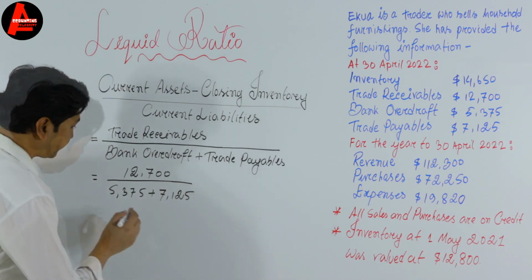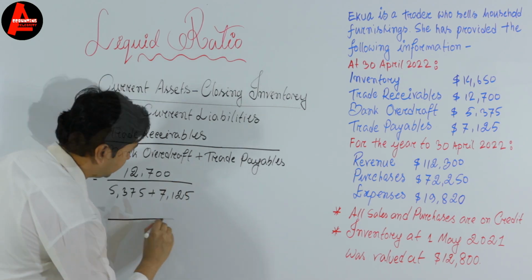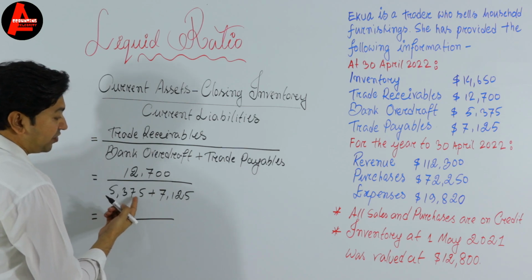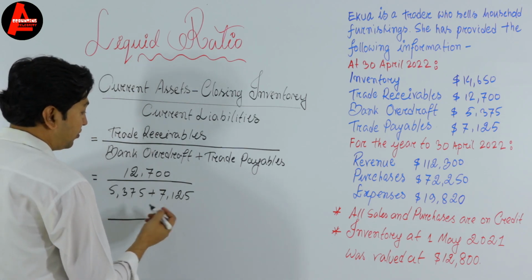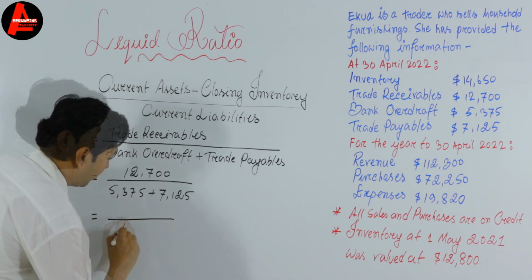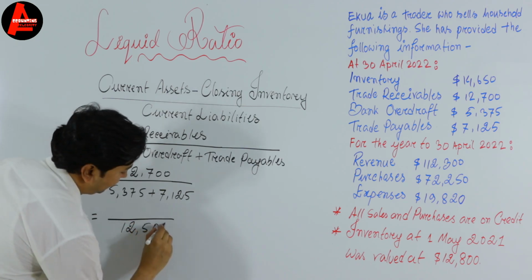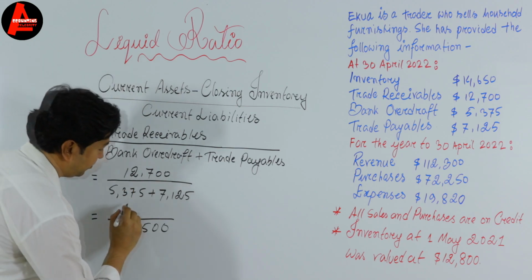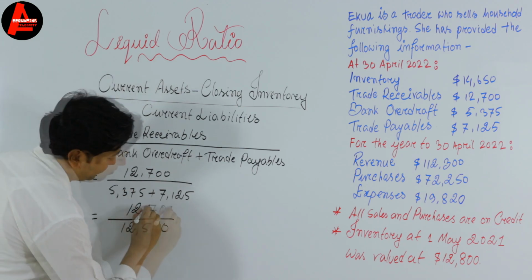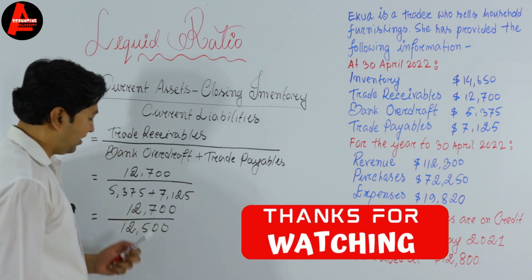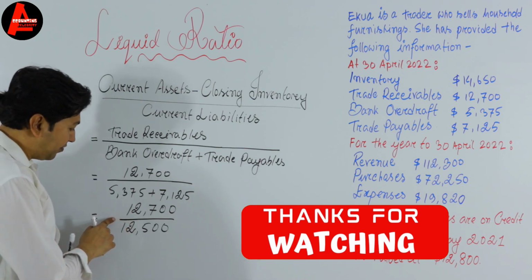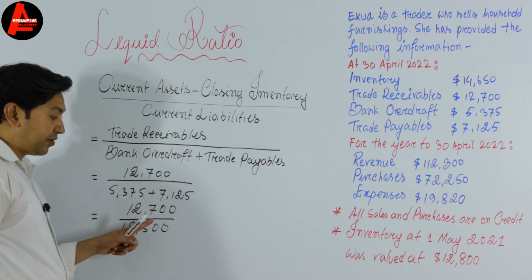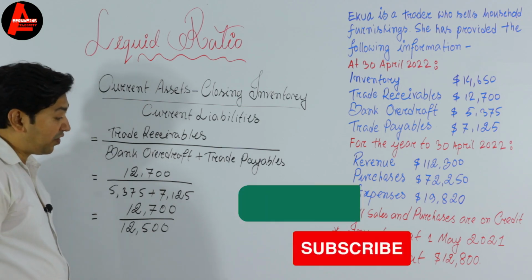Now we need to add these two amounts: 5,375 plus 7,125 is $12,500, right? And here we have $12,700. Now we will divide 12,700 by $12,500.